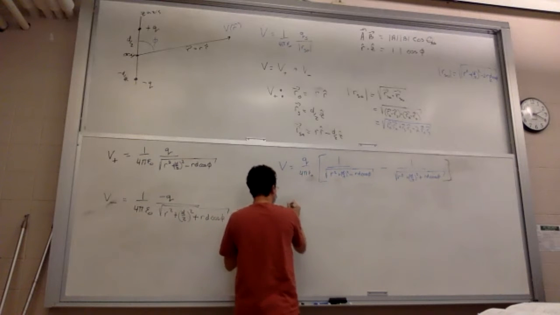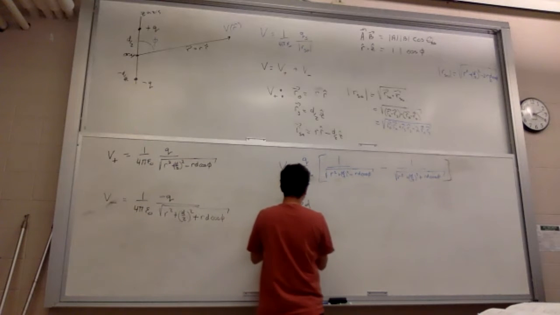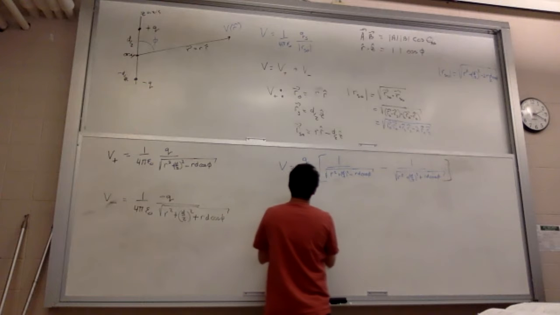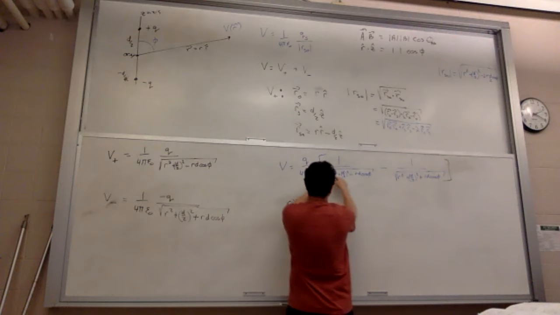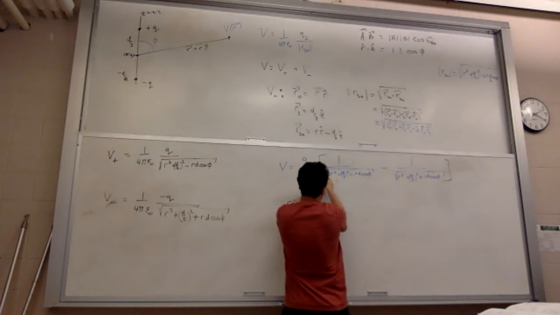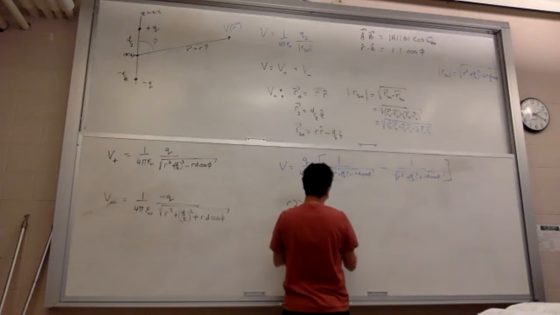So I'm going to take the limit R is much bigger than D. And I get V is Q over 4 pi epsilon naught. I'm going to pull out a factor of R outside the square root, which means R squared on the inside.